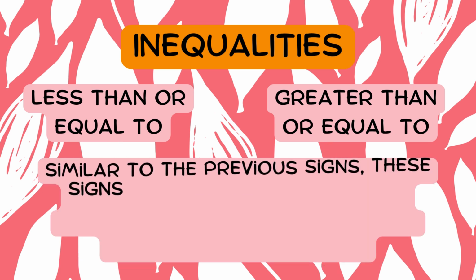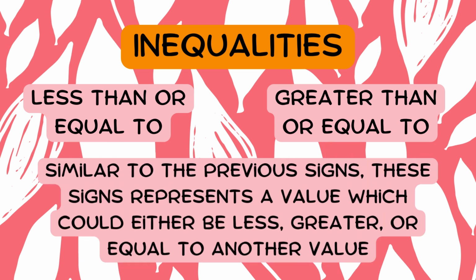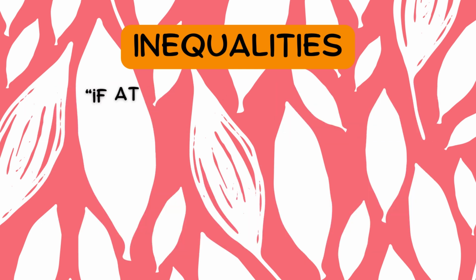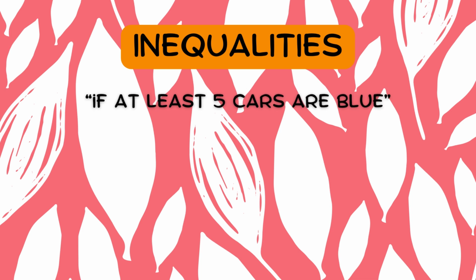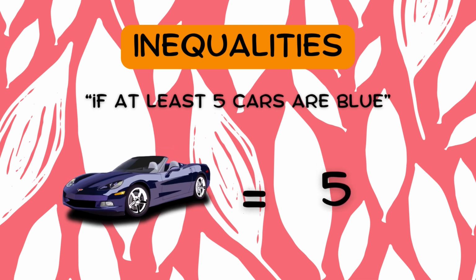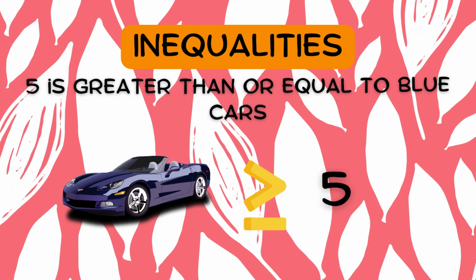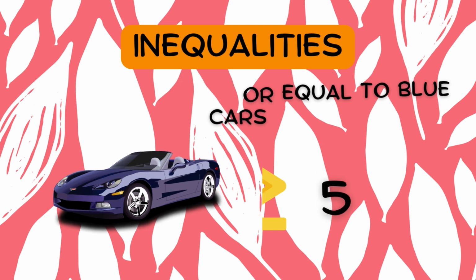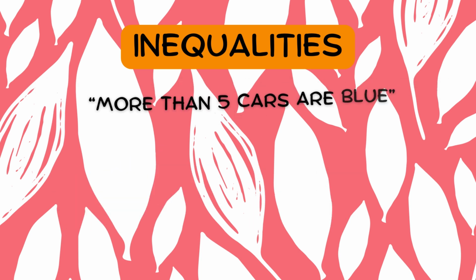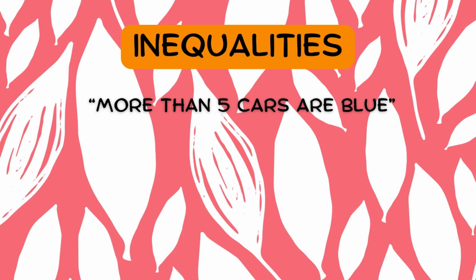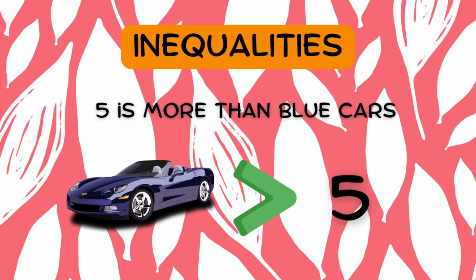These signs are similar to the previous, except if 2 values could be the same, we use this notation. For example, if we said at least 5 cars were blue, we are saying that there could be exactly 5 or greater than 5 cars which are blue, so we would write this as blue is greater than or equal to 5. However, if we had said more than 5 cars were blue, we would write that blue is greater than 5.